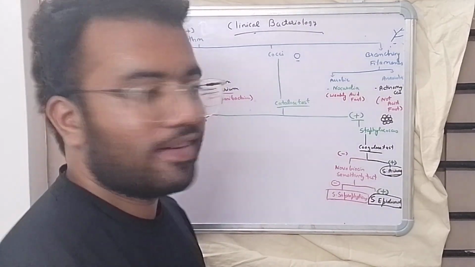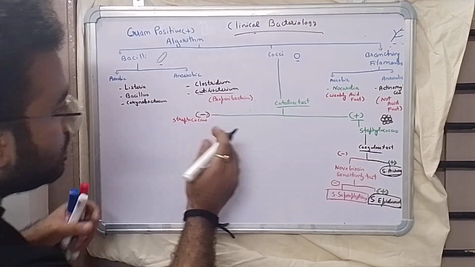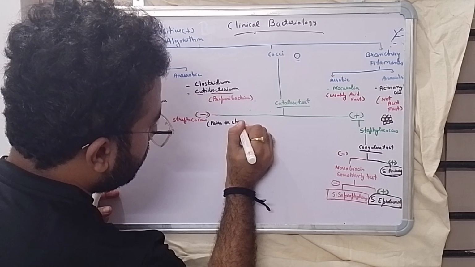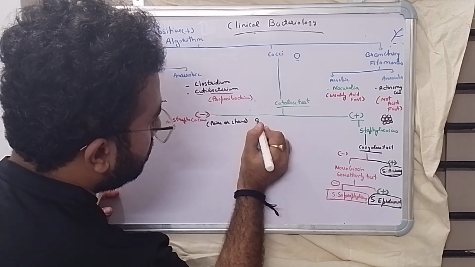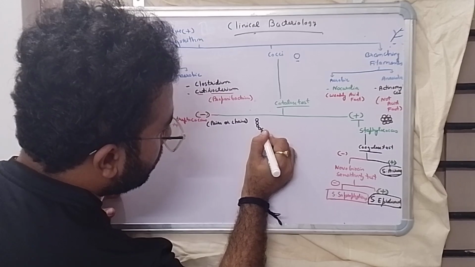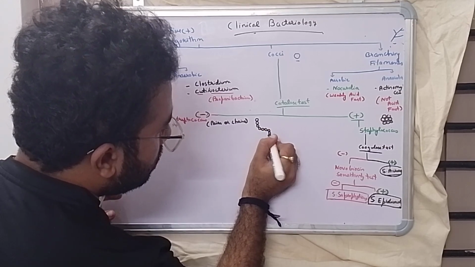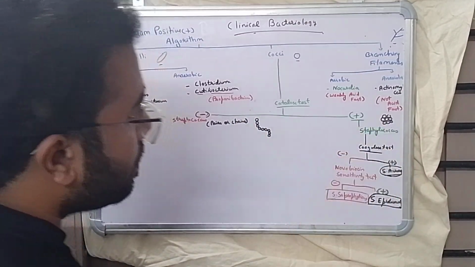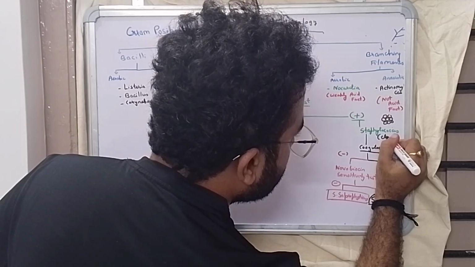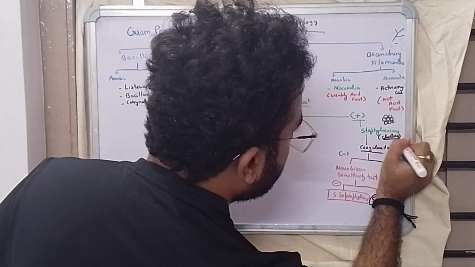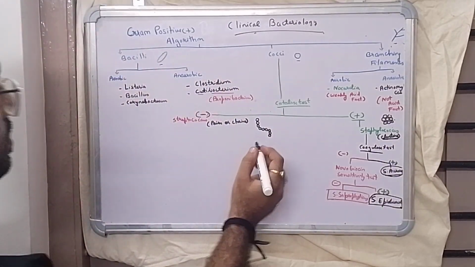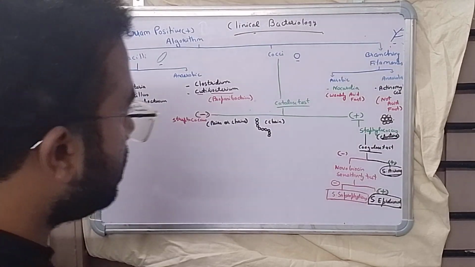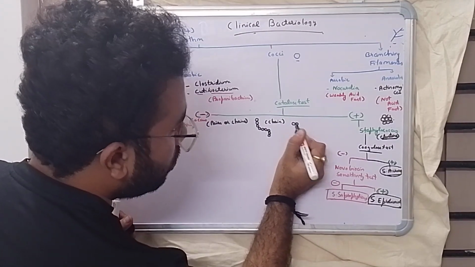While in Streptococcus the scene is different, they are in pairs or chains. So the shape will be like this, the chain form. You are getting it, it is a chain form, while this is a cluster form. So here I will write clusters. These are clusters, while this is chain form. Or you can also see pair forms like this, diplococci.